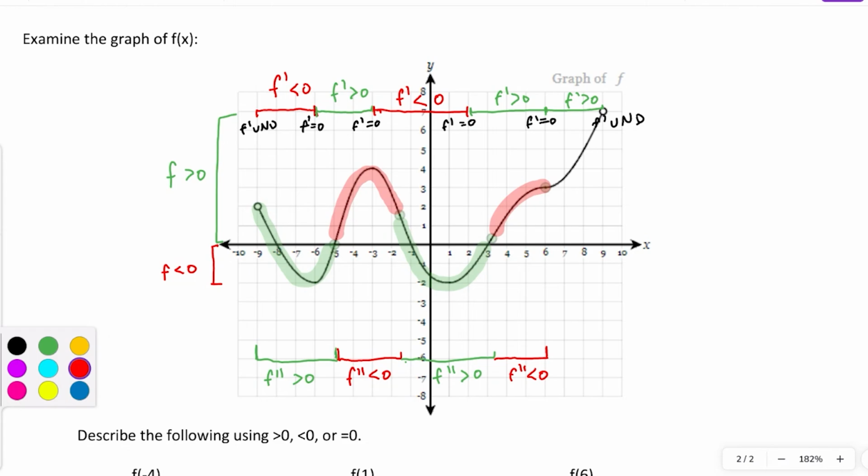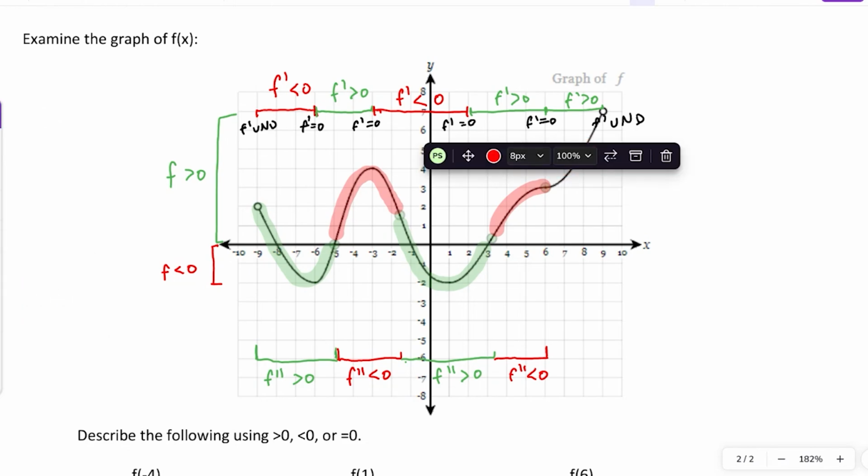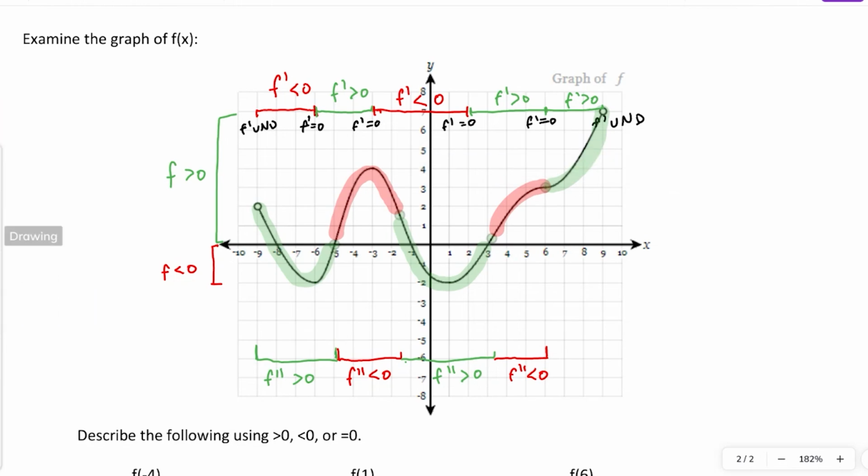And then between 6 and 9, we have another interval where our graph is concave up. All right, so from here to about here, the second derivative is positive.